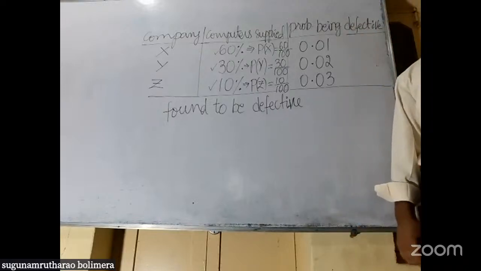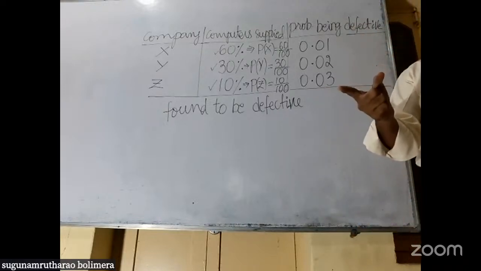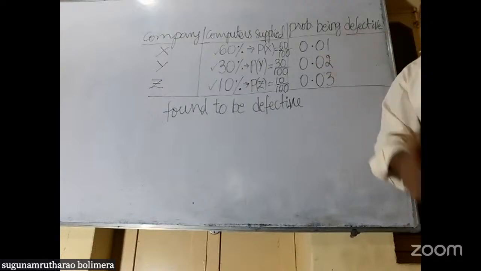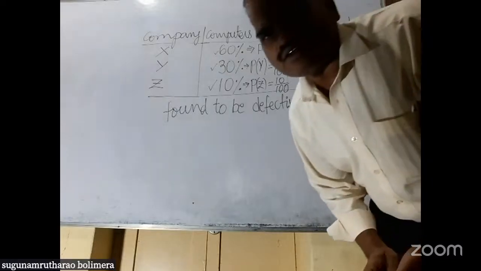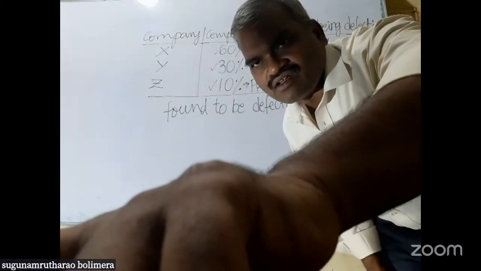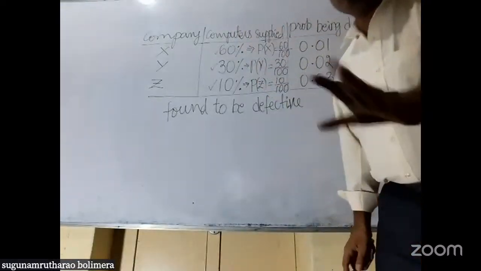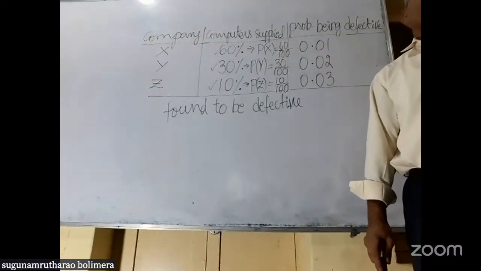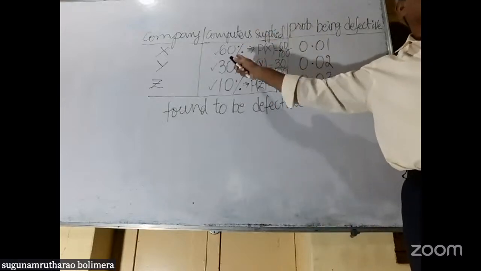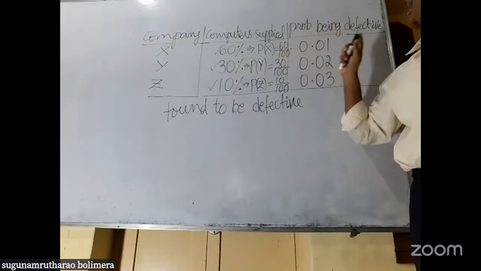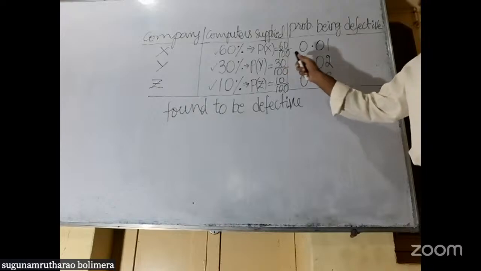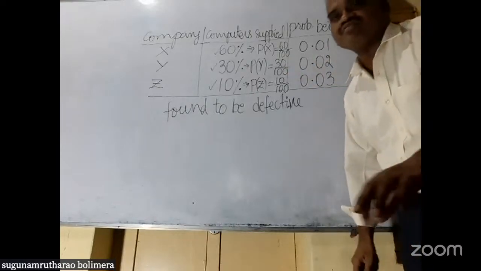That means 1 out of 100 is defective. So out of 600, 6 are defective. Here, 2 out of 100 are defective.